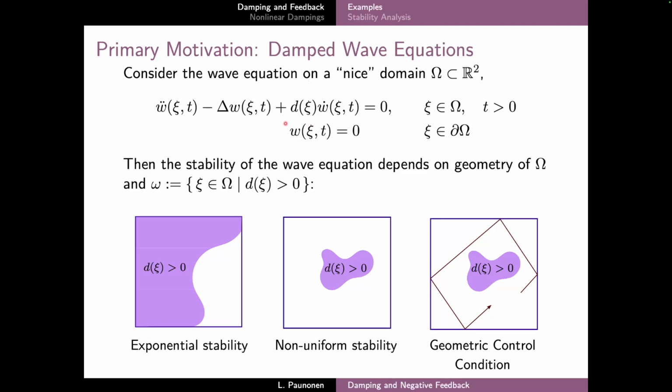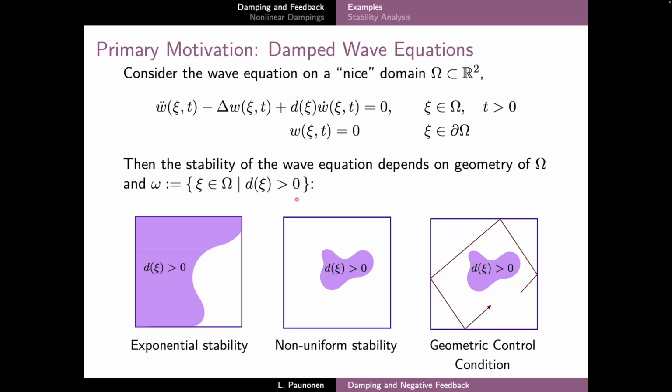And damping is parametrized by this damping function d, which is a function with non-negative values. And these types of equations are known as wave equations with viscous damping. And the stability properties of this equation are understood relatively well already. In particular, it's known that the size of the so-called damping region contributes to the type of stability we get.